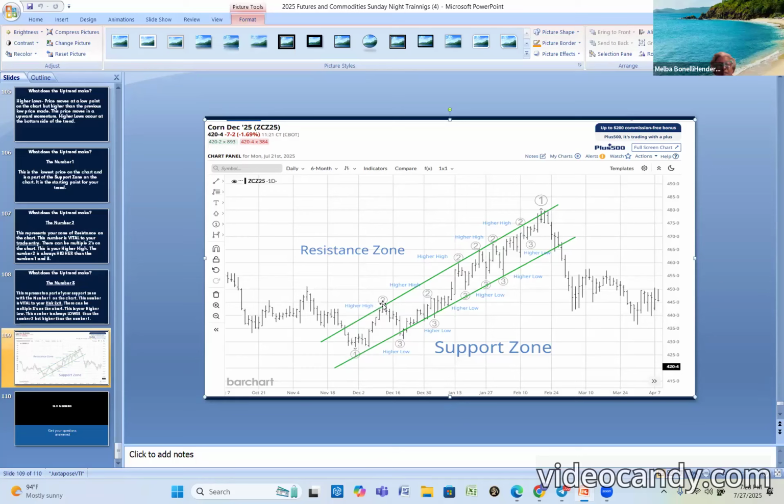Then the market price lowers and becomes a higher low because it's higher than the number 1, but it's lower than the previous higher high, which was a number 2. And so we label that number 3, and that's an area of support.